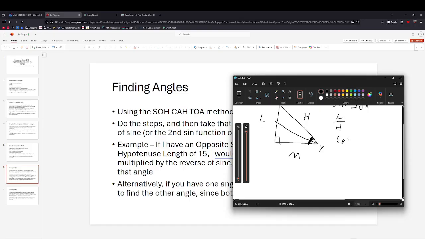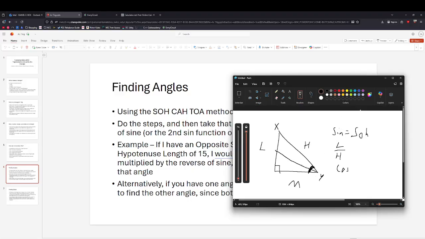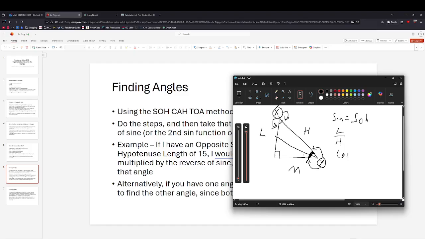For cosine, that's your adjacent. That's the one next to it. Because, again, both of these angles have two sides next to them. It changes between which angle you're looking at, but they're always going to have an opposite and adjacent and a hypotenuse.